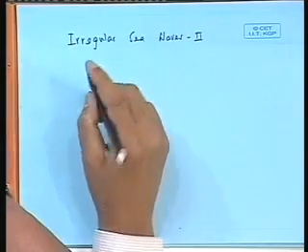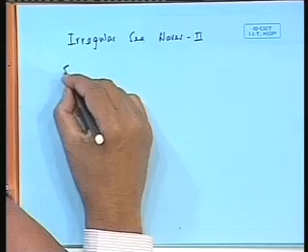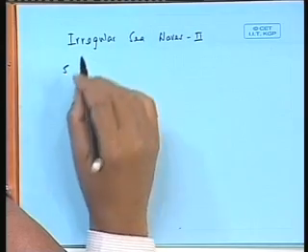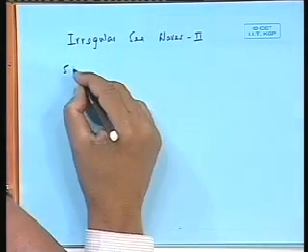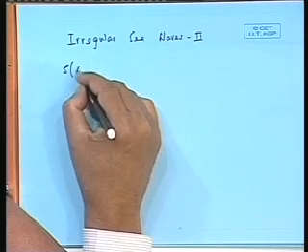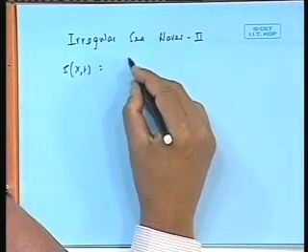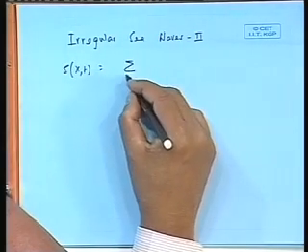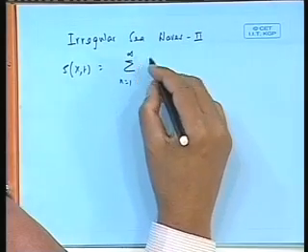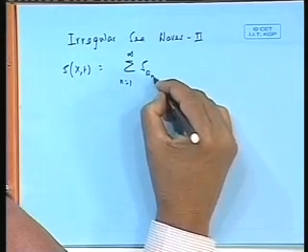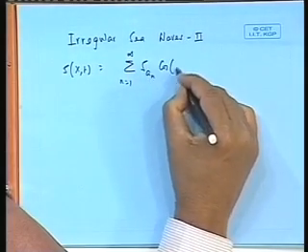We are going to continue our talk on irregular sea waves. So, what we found out in the last lecture is that by Fourier analysis, a random wave signal can be represented as a sum of n number of sinusoidal waves.